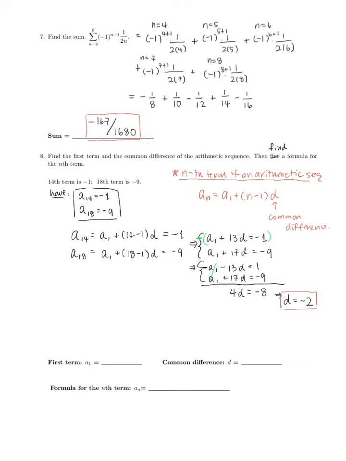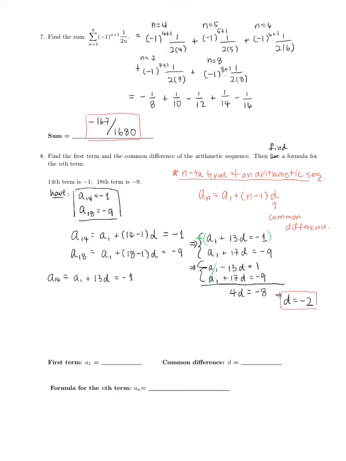All right, now let's use the information that was given to us to find a sub 1. Since we know that a sub 14, the formula was what? a1 plus 13d. Now that equals negative 1, but we just found out the value of d.